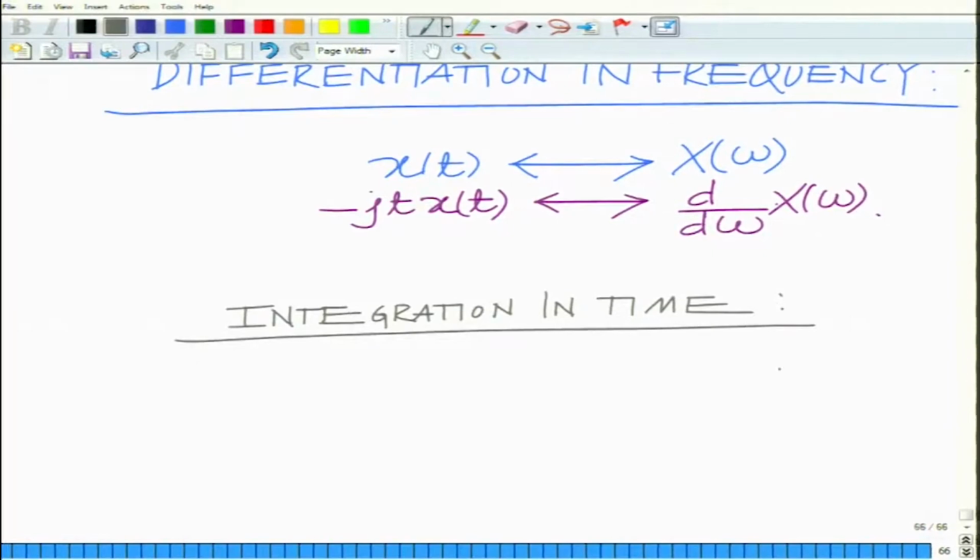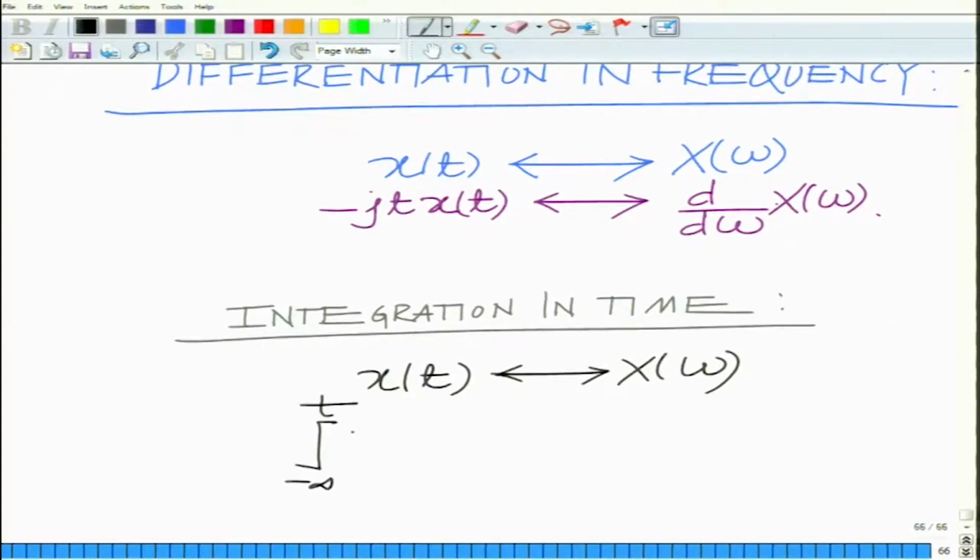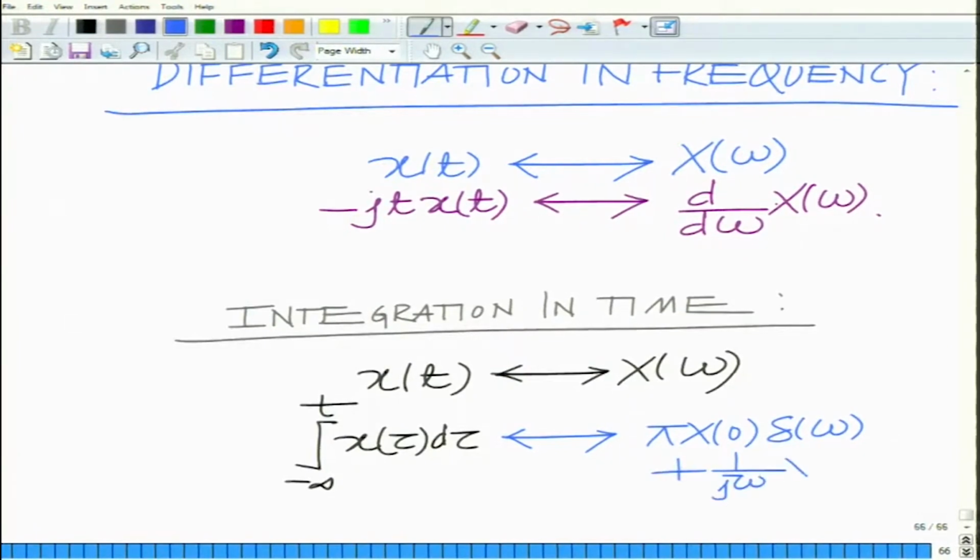If you consider the signal x(t) which has Fourier transform X(omega), then you can show that the integral from minus infinity to t of x(tau) d tau has the Fourier transform pi X(0) delta(omega) plus 1 over j omega times X(omega).